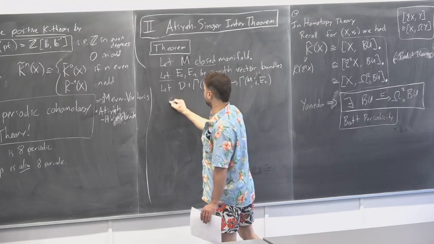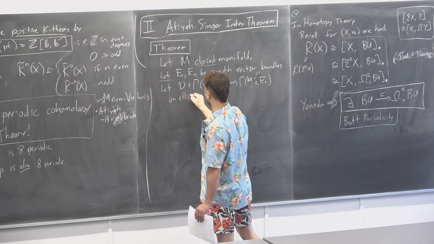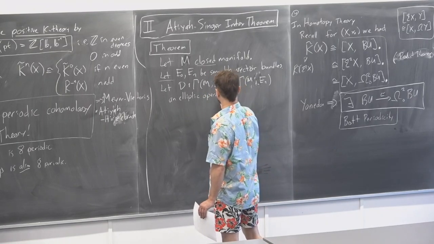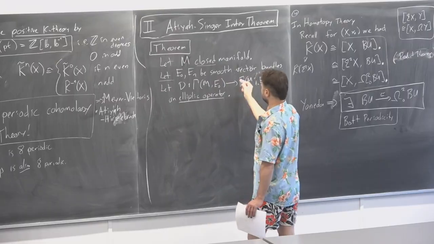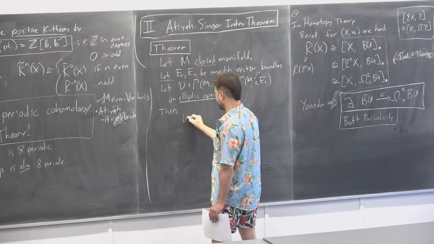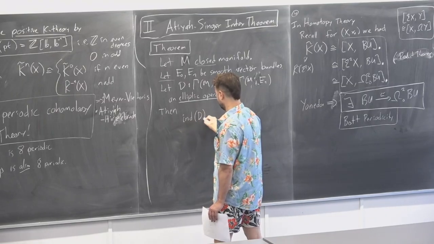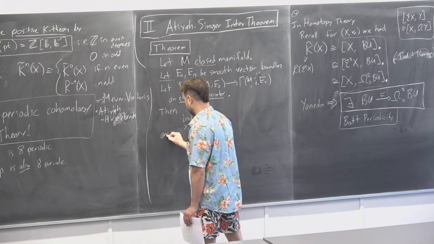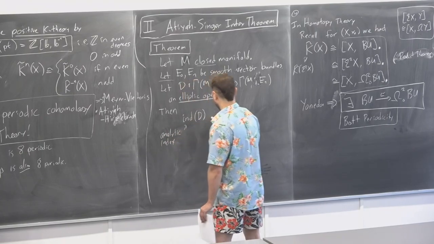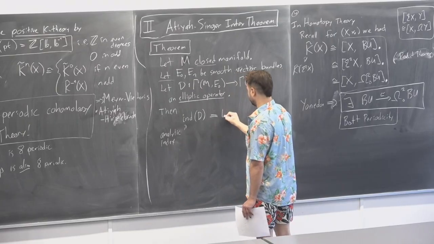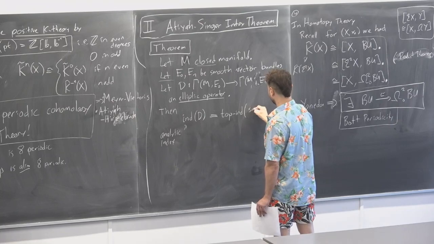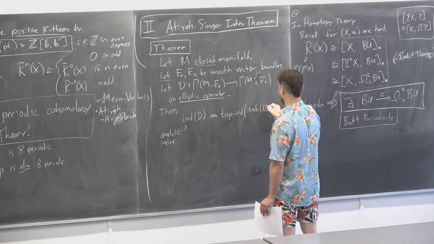Let's take this to be an elliptic operator. I'll underline that because we don't know that yet. Then the analytical index of D, which I haven't defined yet, is equal to the topological index of the symbol class of D.